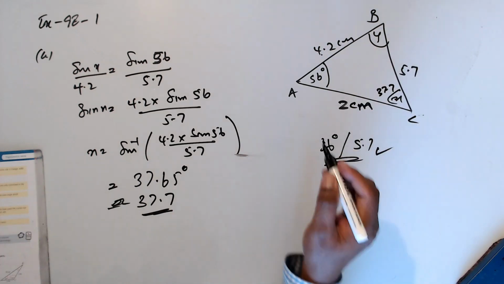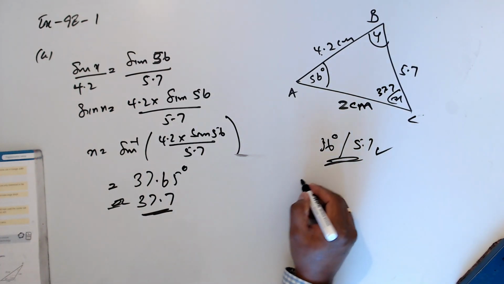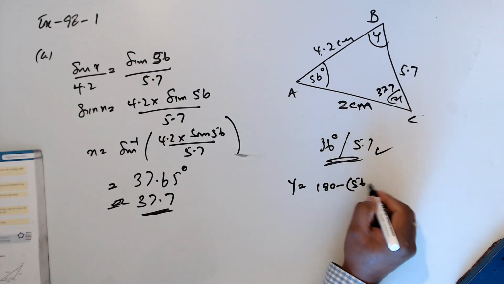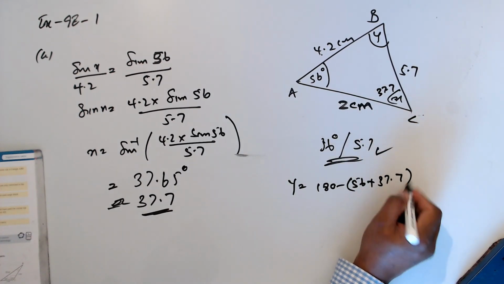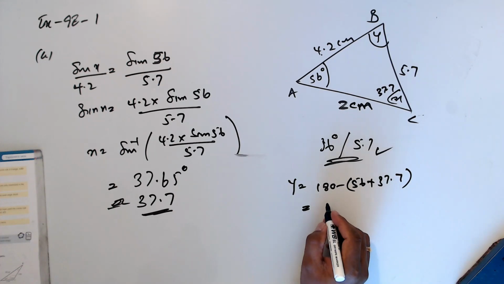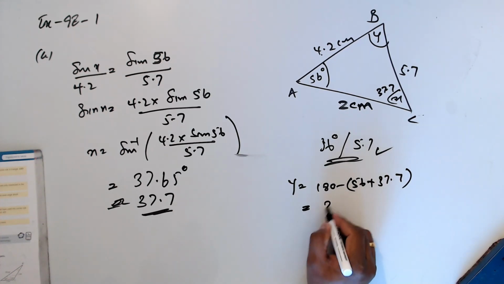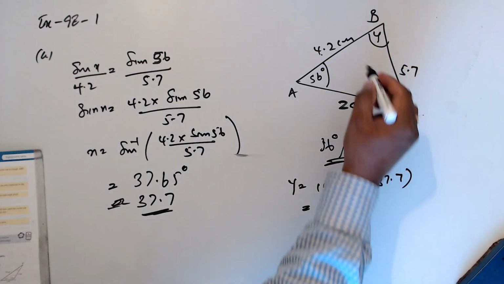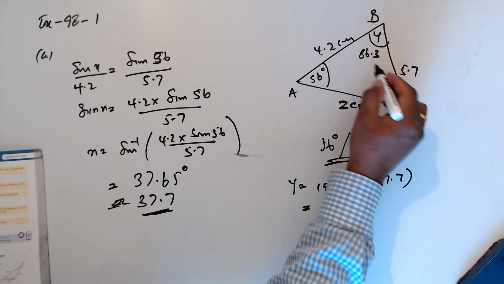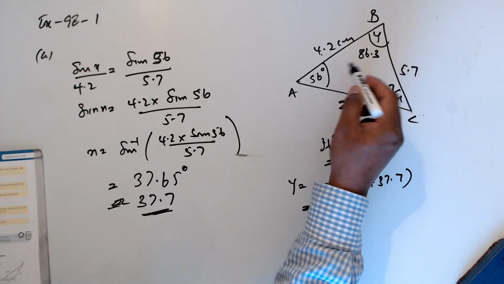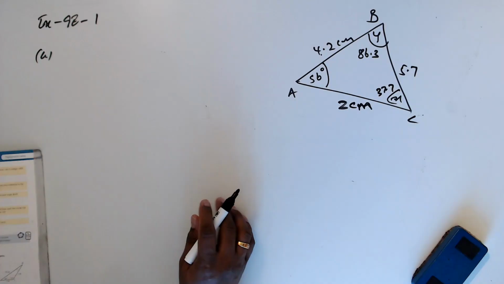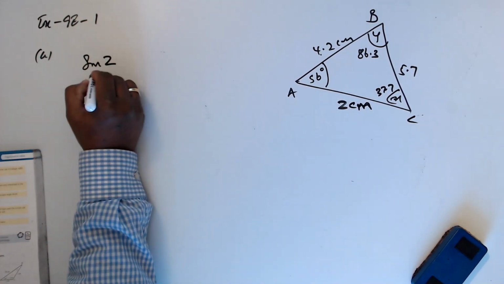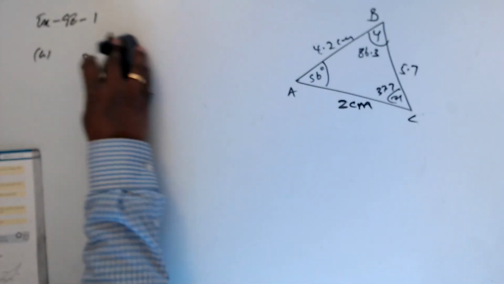So this is 37.7 now. Now we can find y equals 180 minus 56 plus 37.7. So that's going to be 86.3. Now again I can write the sine rule. Now I want to find z, it is a length, we don't need sine.